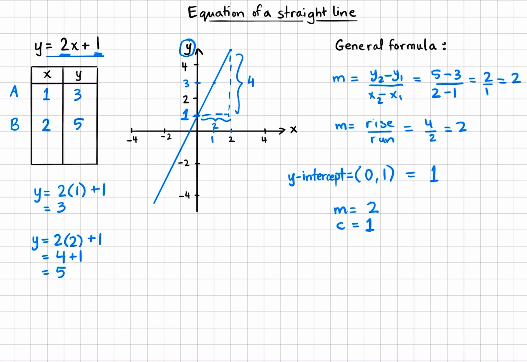The m is going to be multiplied by the x. So in every equation that has y equals, so y is the subject of the equation, we're going to have the gradient multiplied by the x, and then we're going to add the y-intercept to it. So this is the general equation of a straight line: y equals mx plus c.